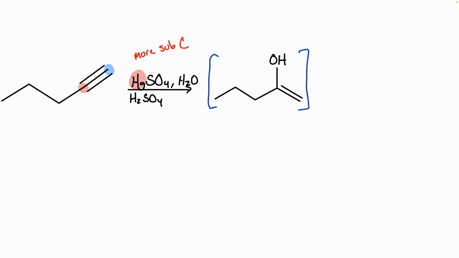So we first get that unstable enol. That'll then tautomerize into what functional group? Ketone. This time we're going to get a ketone, exactly.